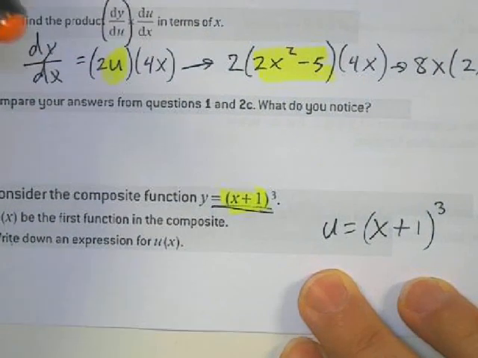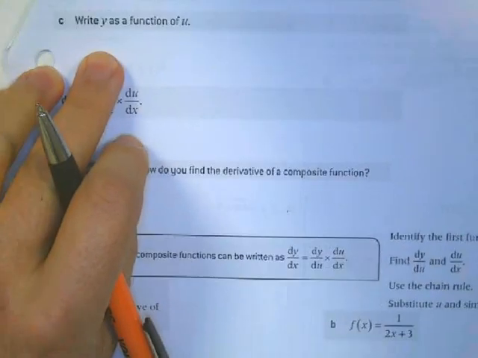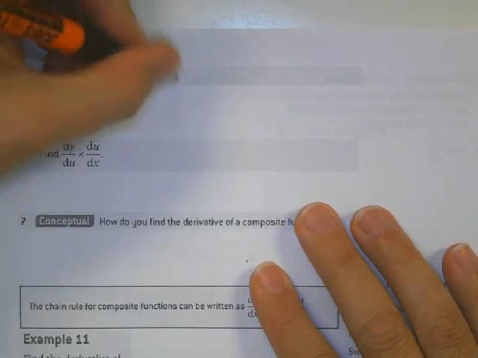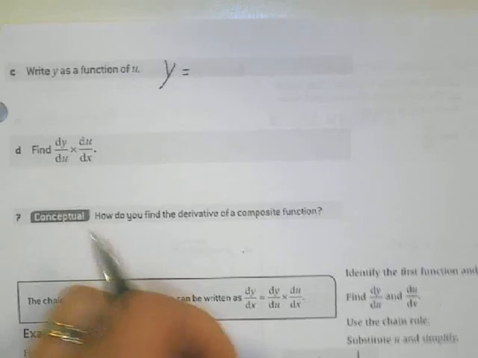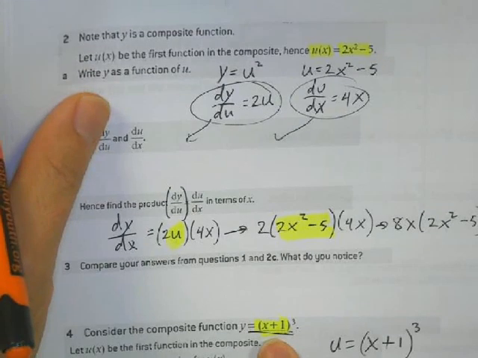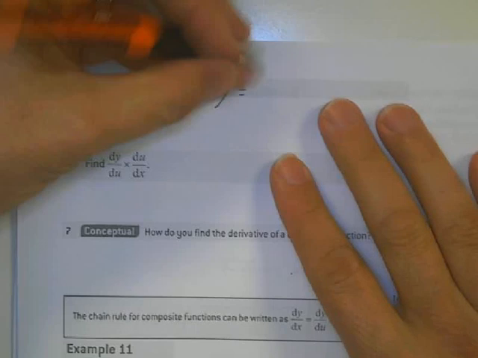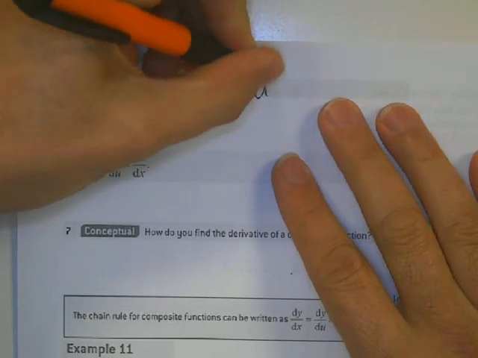Okay, and so now we're going to write y as a function of u. So we're going to say y is equal to, what was it here? y is going to equal the yellow thing cubed. So the yellow thing is u.